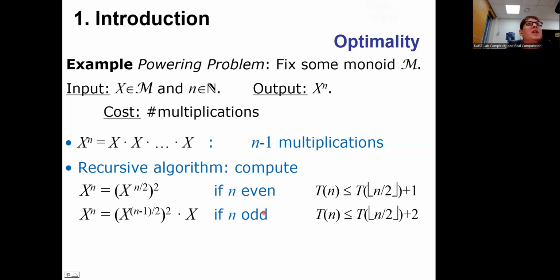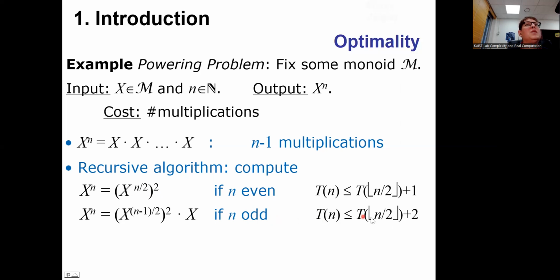Namely, if n is even, then we use t of n over 2 multiplications by induction hypothesis for the recursive call, plus 1 multiplication for the squaring, which means simply multiplying the result to itself. So we don't make 2 recursive calls and then multiply, but of course we only make 1 recursive call, store the result of that call, and then multiply it to itself.